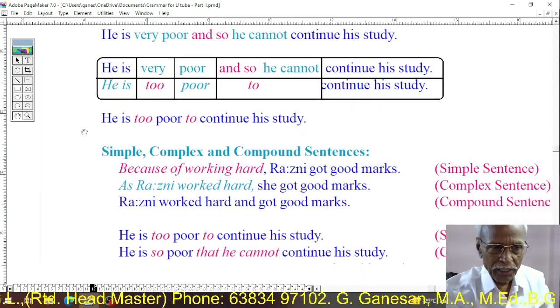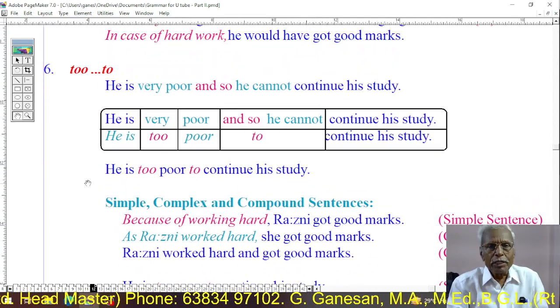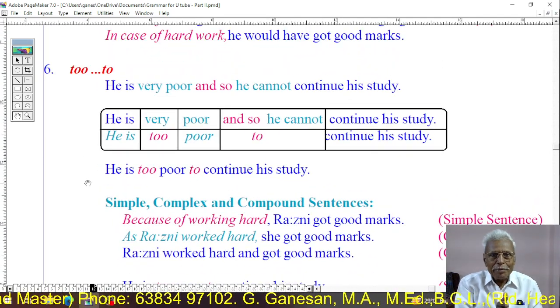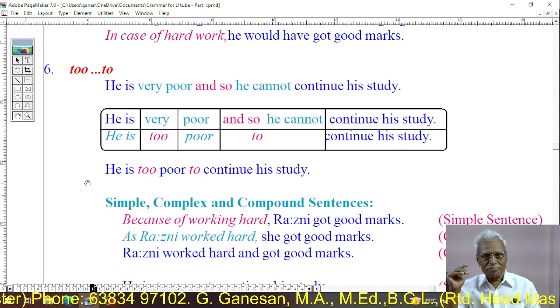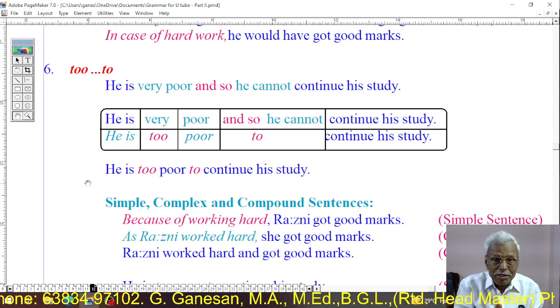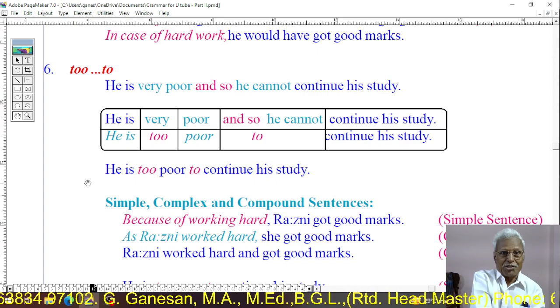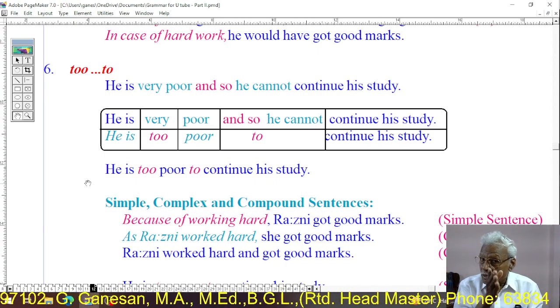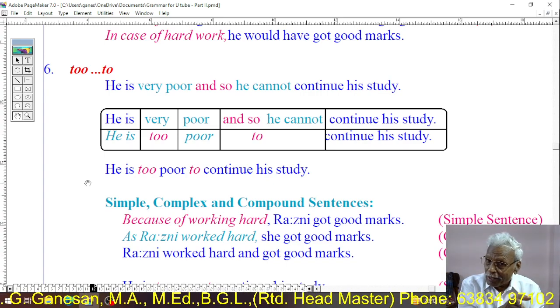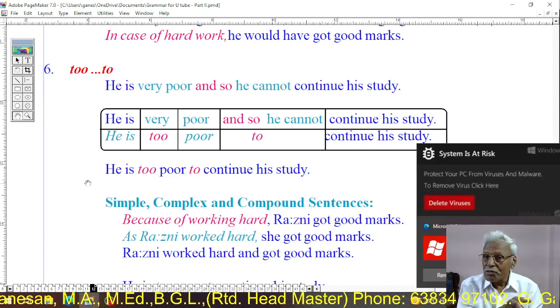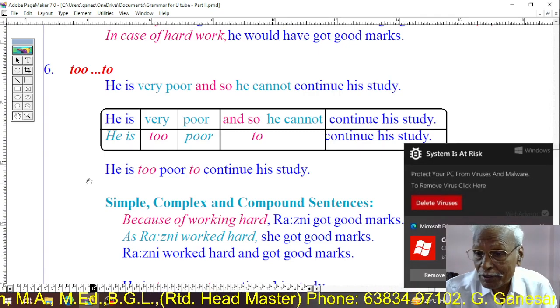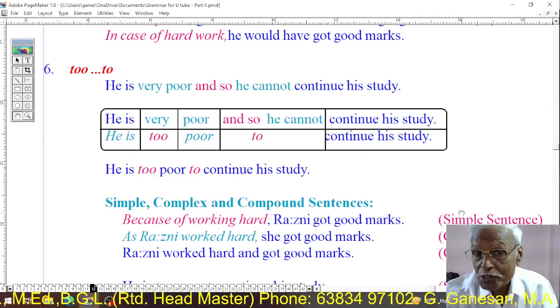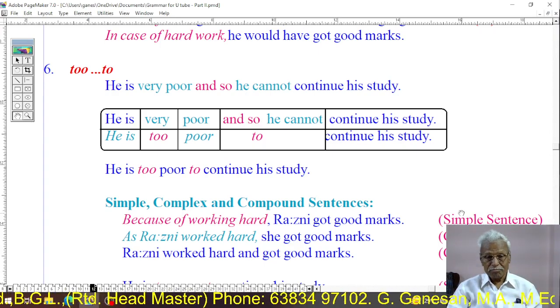So, dear students, converting a main clause into a phrase means converting a compound sentence into a simple sentence.